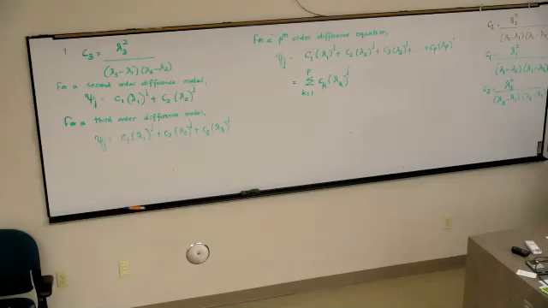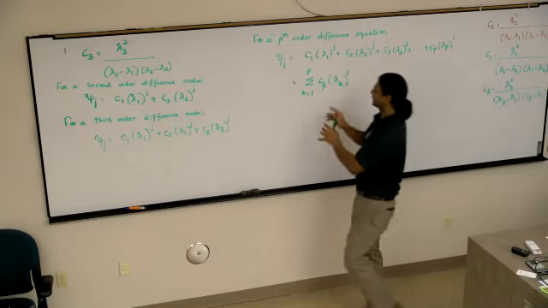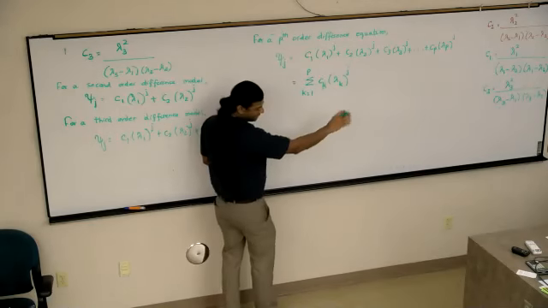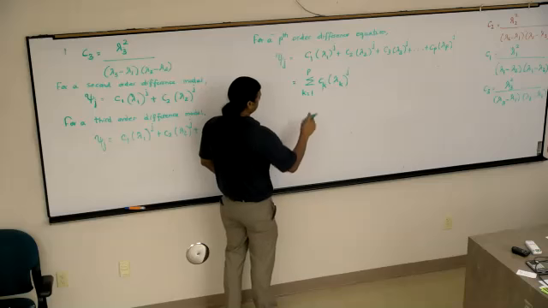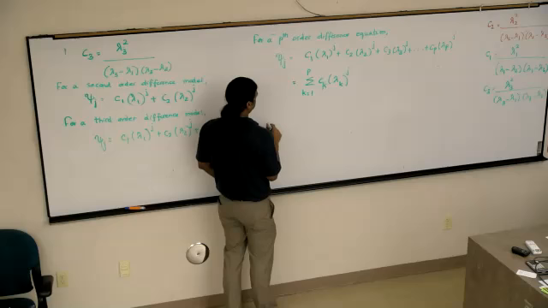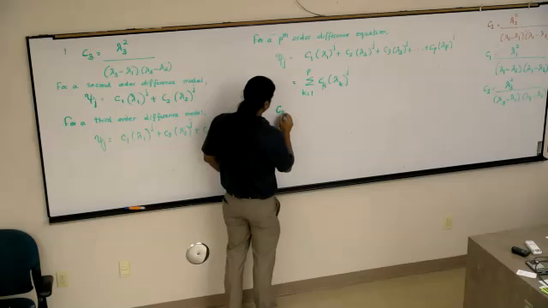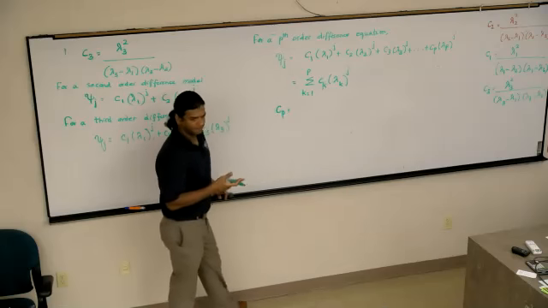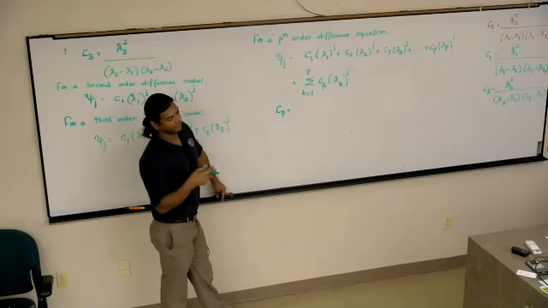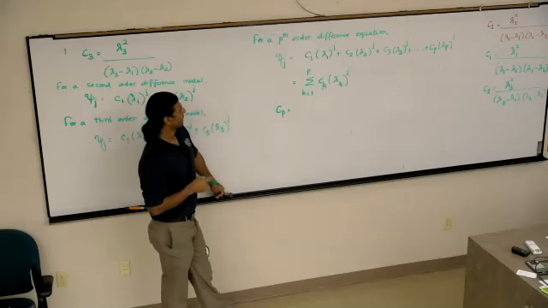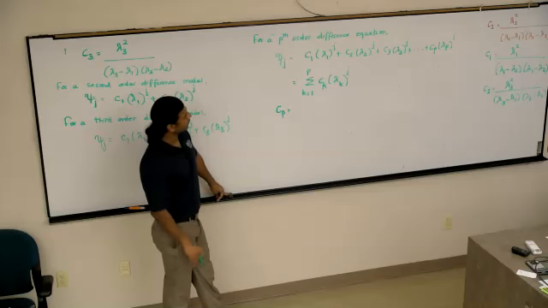Now that we've addressed this, for any P, since it's a P order difference equation, let's just take C sub P. Of course, I need to change the value of P, 1, 2, 3, and so forth.